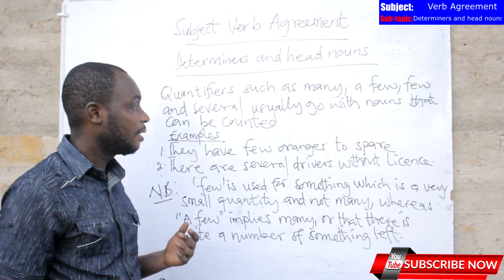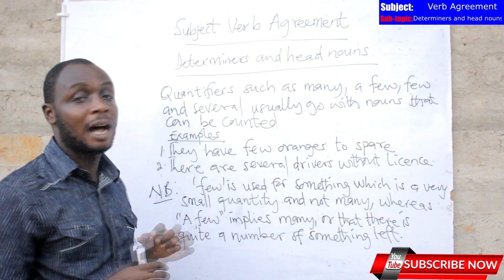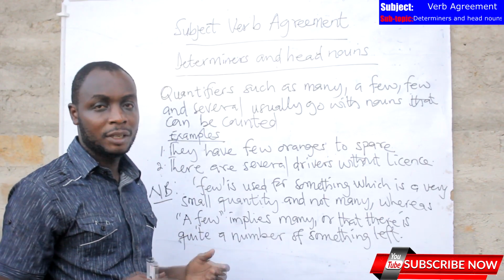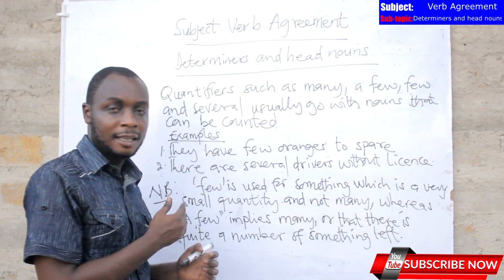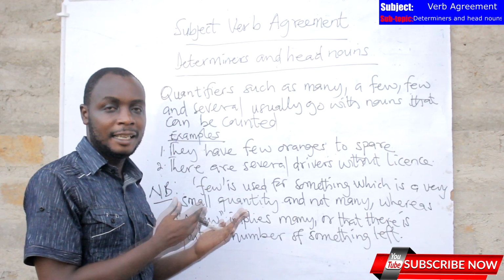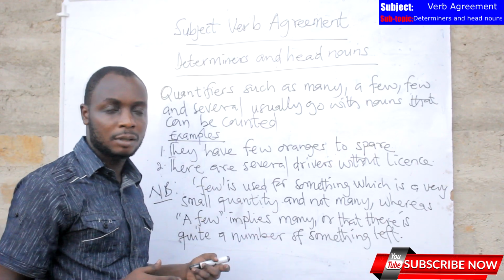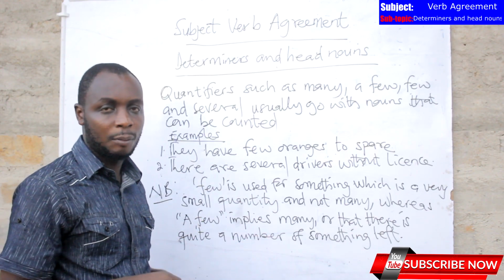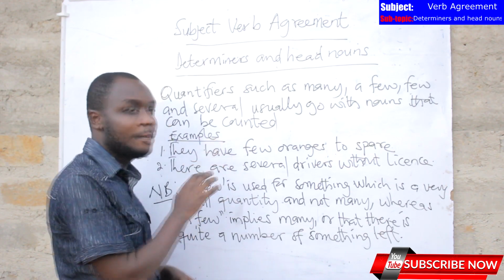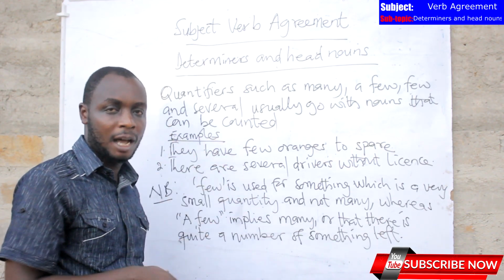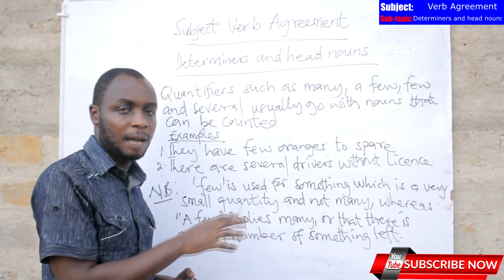What we say is they usually go with nouns that can be counted. What we studied earlier, we said they can go with either countable or non-countable nouns. But for these ones, they are specific to only countable nouns.